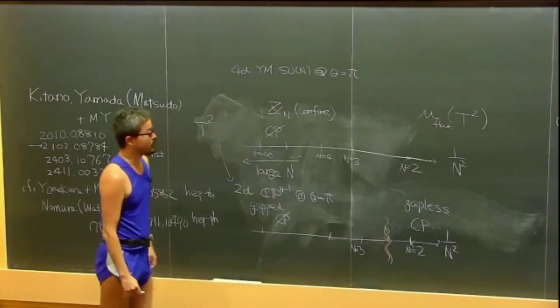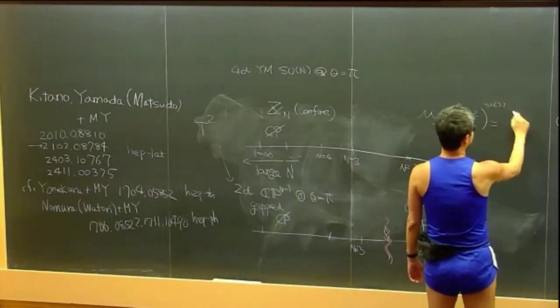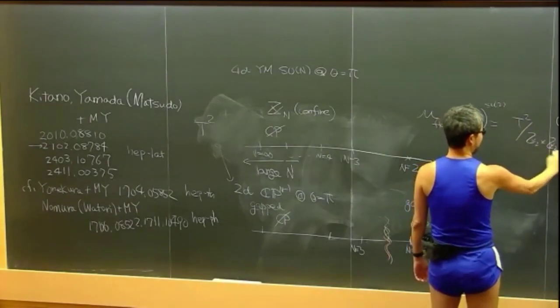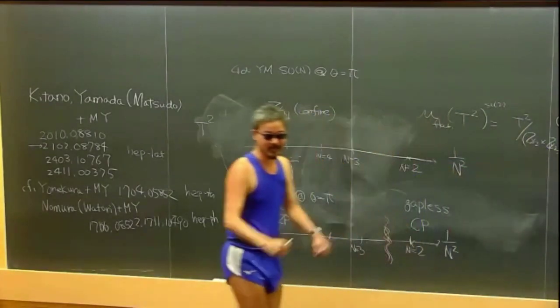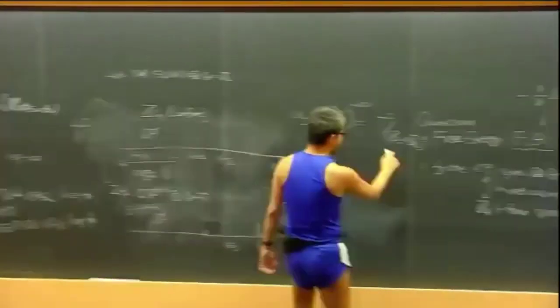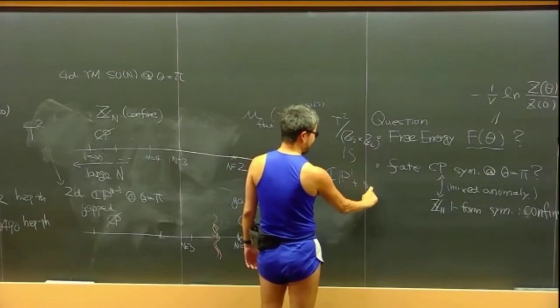For example, if you take SU(2), it's T2 divided by Z2, times Z2 also, which is like a pillowcase, and roughly speaking it is CP1 plus singularities.